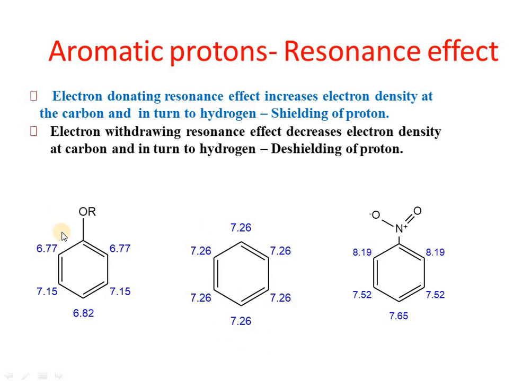But when an electron releasing group is present, and it has a positive resonance effect, the ortho position protons will be upfielded, and will show signal at 6.77, and these meta protons will show at 7.15, 7.15, and this para will show at 6.85. As the electron releasing group has an effect on the ortho and para positions, these will show signal at upfield, and these meta positions will show downfield signal.